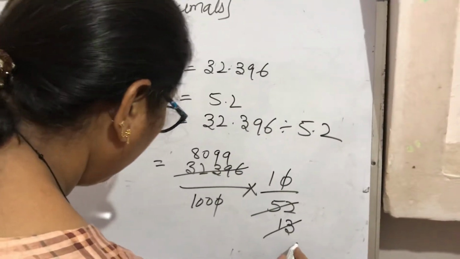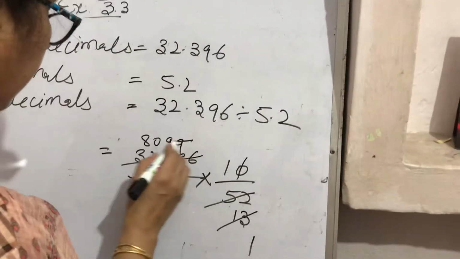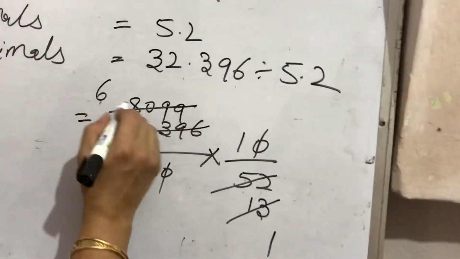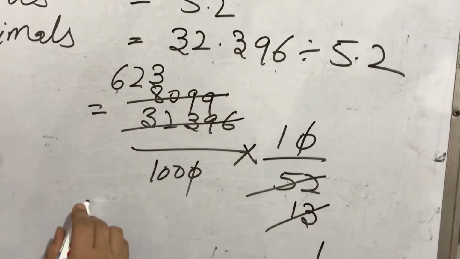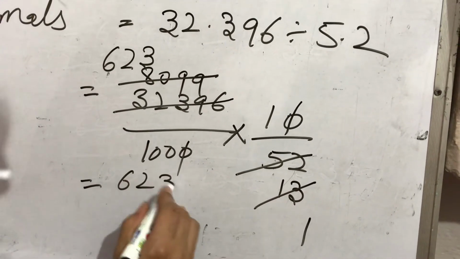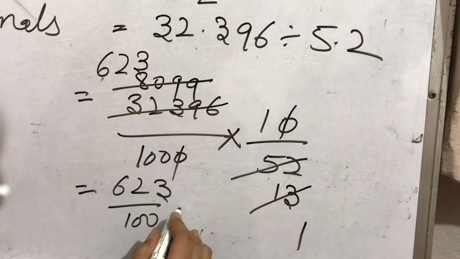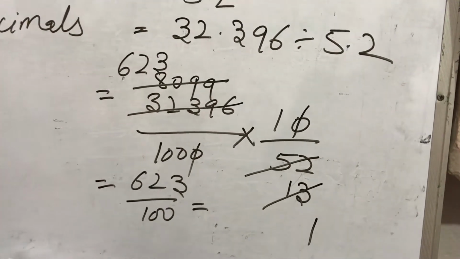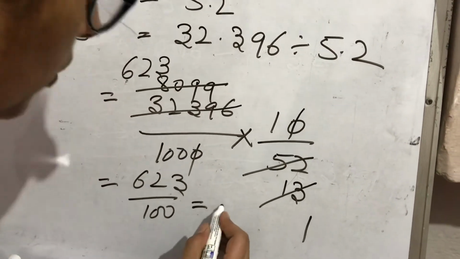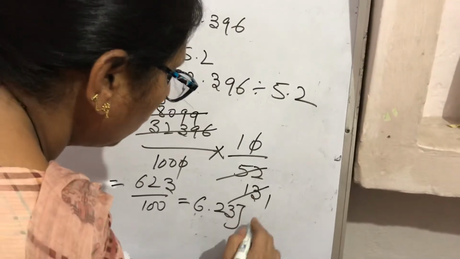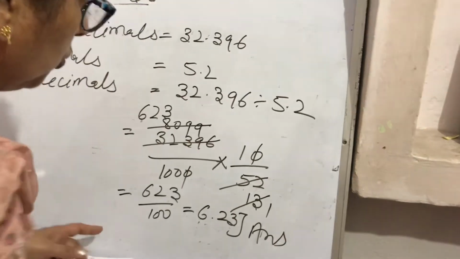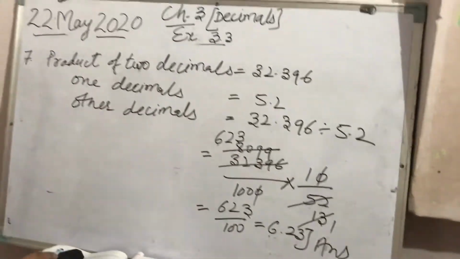So it will be directly divided by 13. 13 6s are 78, 26, 39. So 623 upon 100. There are 2 zeros at the denominator place, so there will be 2 places in the decimal part. So 6.23, this is the answer.